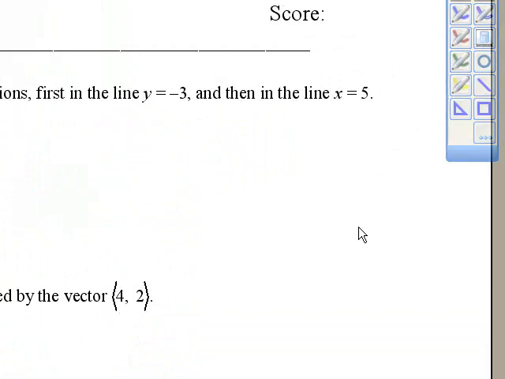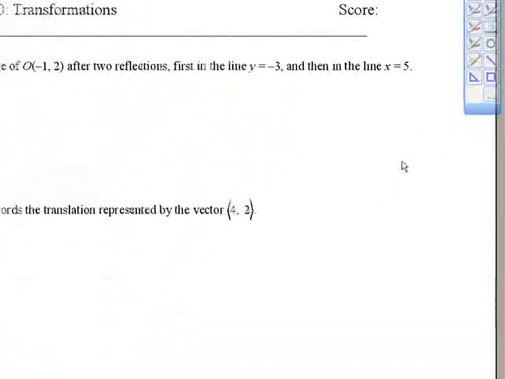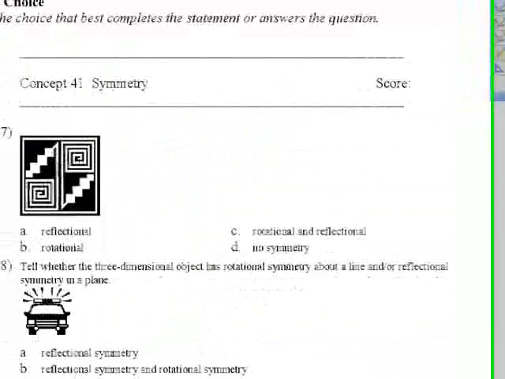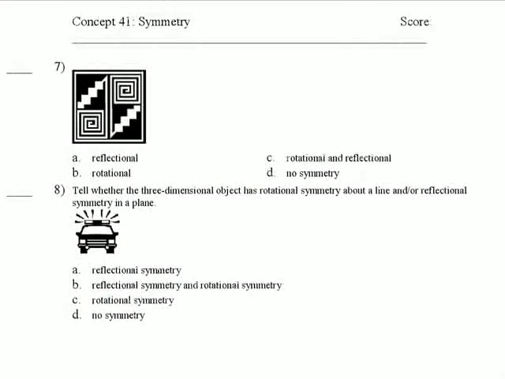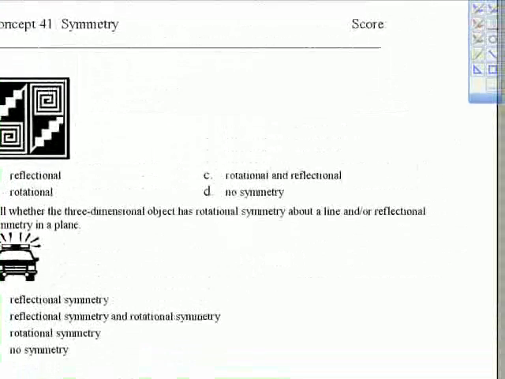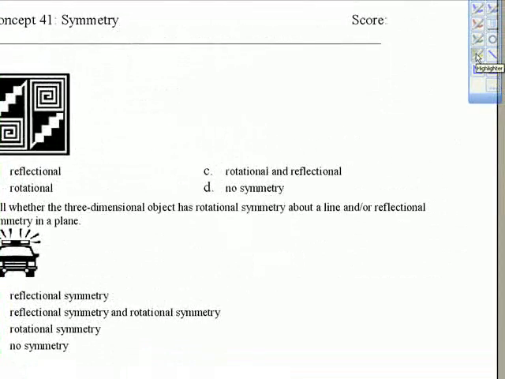The last couple are multiple choice questions. They're both on the concept of symmetry. It says, identify the choice that best completes the statement or answers the question. So we're trying to figure out the kind of symmetry we have here in number 7.